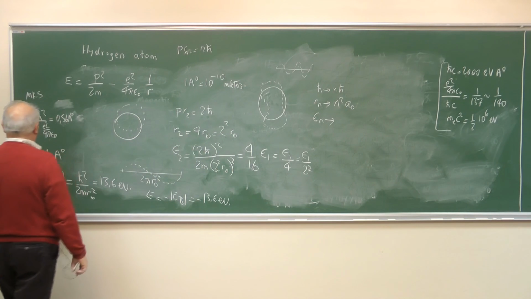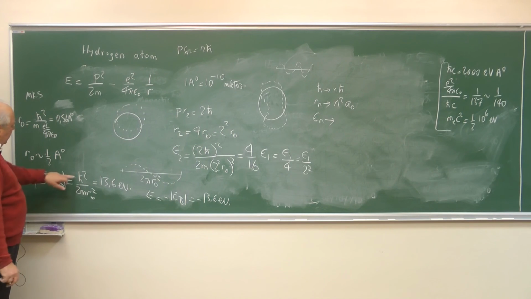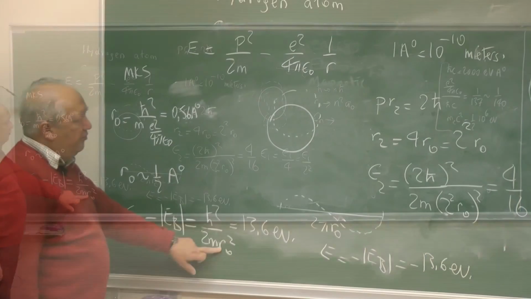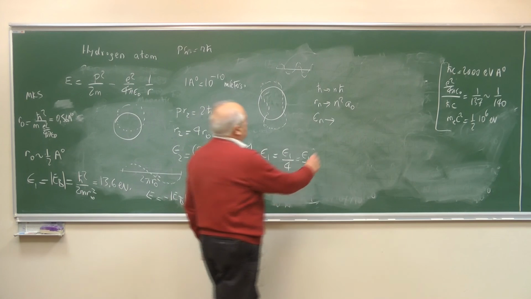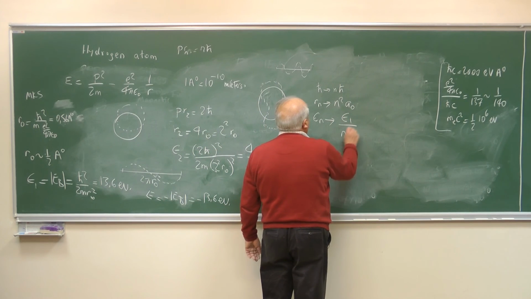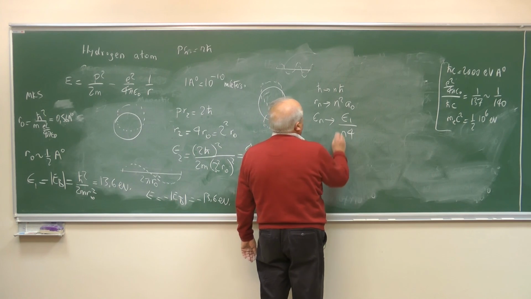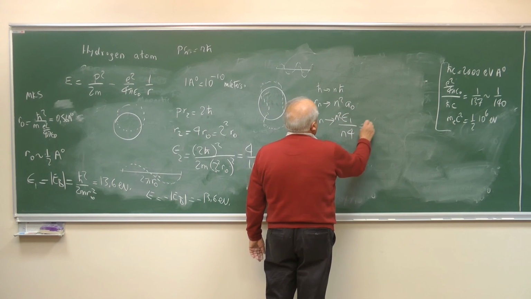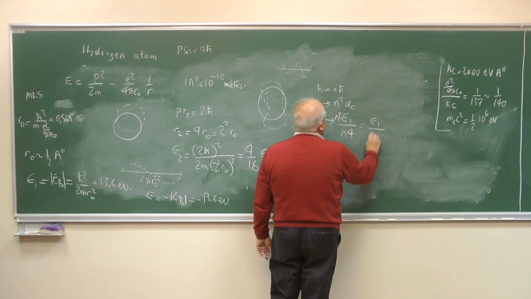From this formula, n squared I get from here, but n to the 4th from here, so it is epsilon 1 over n to the 4th times n squared, so it is epsilon 1 over n squared.